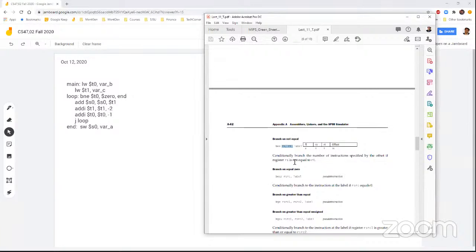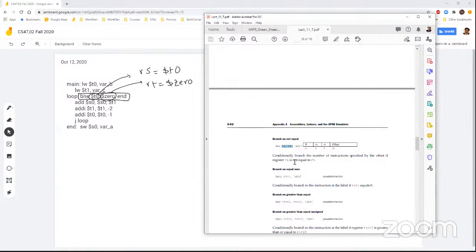So we need to determine the machine code for this instruction. From this BNE, RS is this guy: RS is $t0 and RT is $0.